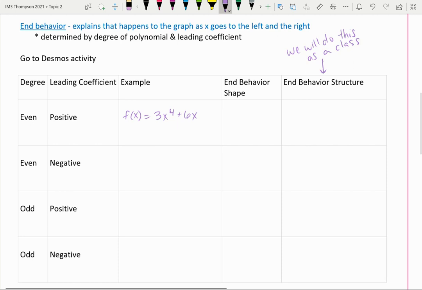And you were also asked to fill in the next column, the end behavior shape. You could have done this in a couple of different ways. You could have used some little arrows or just maybe sketched a graph. When we're talking about the shape of the graph and looking at end behavior, we're very specifically only looking at what happens at the end. So every time I have an even degree polynomial, both ends either open up or open down. All right, so they either go up and up or down, down.